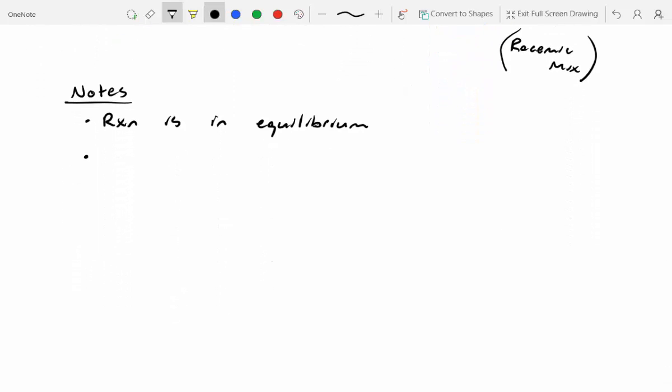The second note I wanted to put down was that if the nucleophile is also a good leaving group, then the equilibrium favors the starting material side.